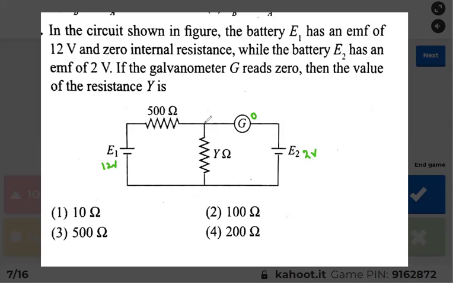If it is zero, it means the potential here should be 2 volt, yes or no? Think about it, we will think step by step. The potential across this should be 2 volt. If the potential across this remains 2 volt, what will the galvanometer read? Zero, yes or no? Did everyone understand?